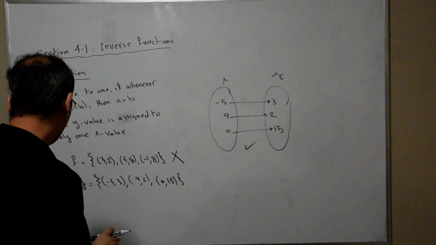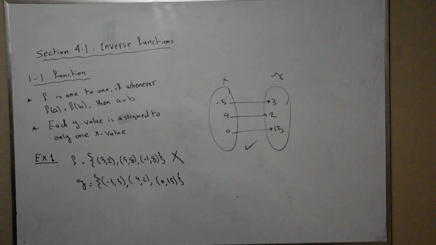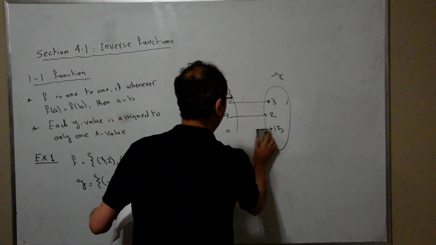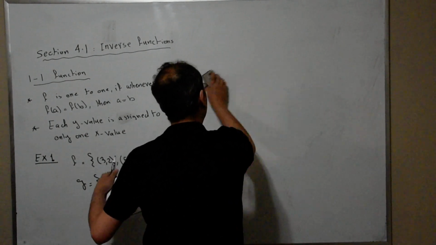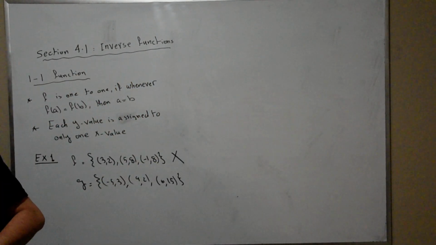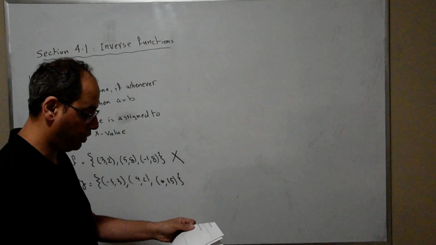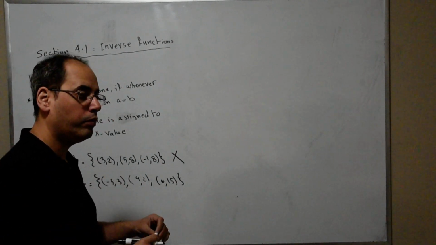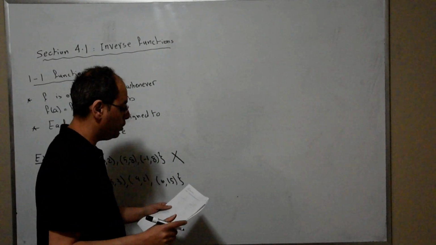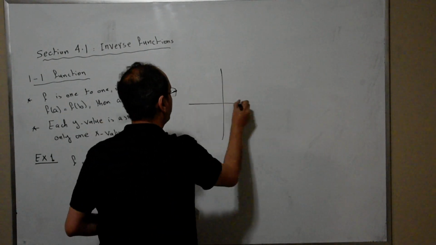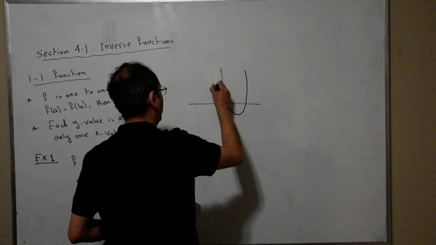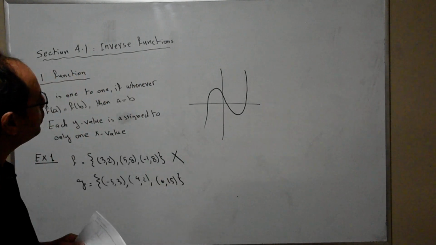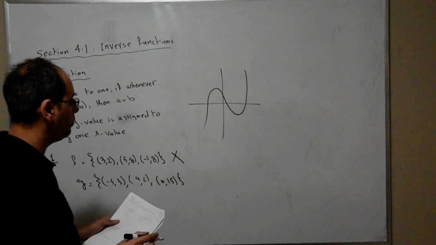We talked before about the horizontal line test. We're going to test some shapes and see whether these functions are one-to-one or not. Let's graph this one. Is this a function?